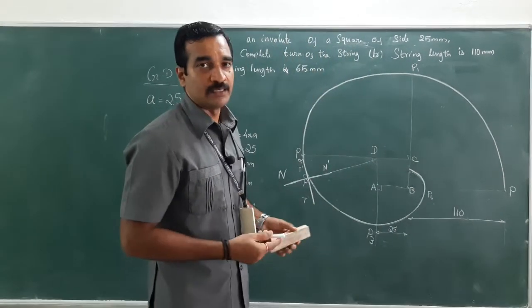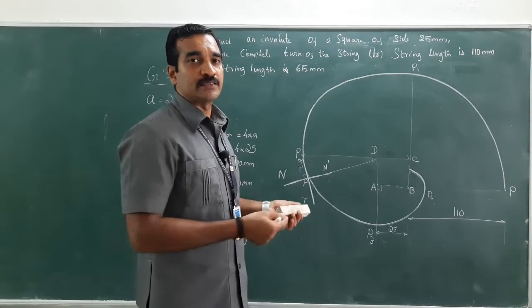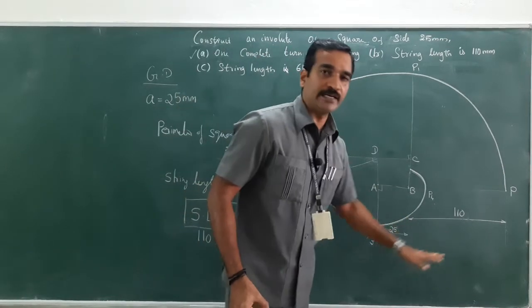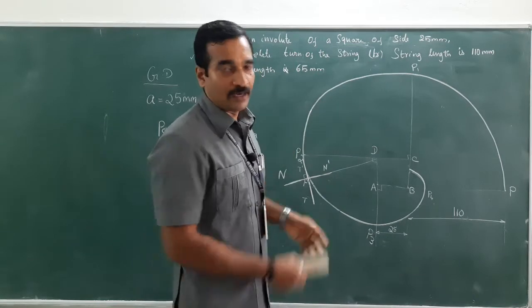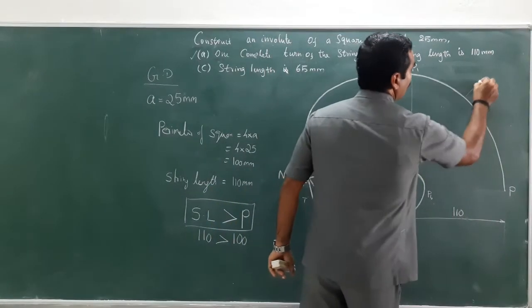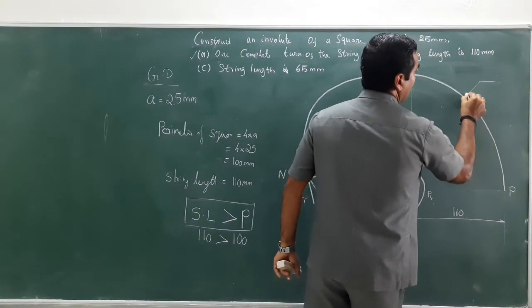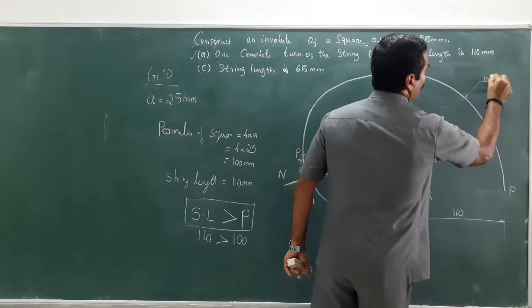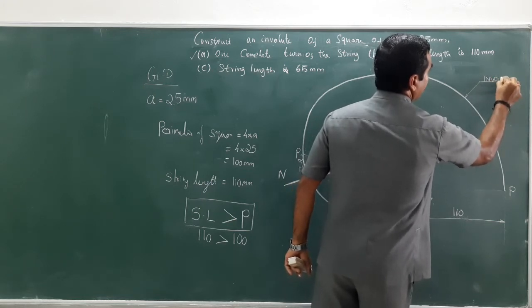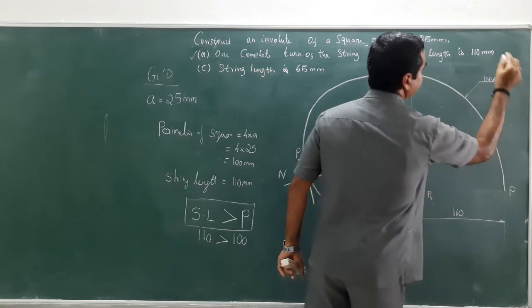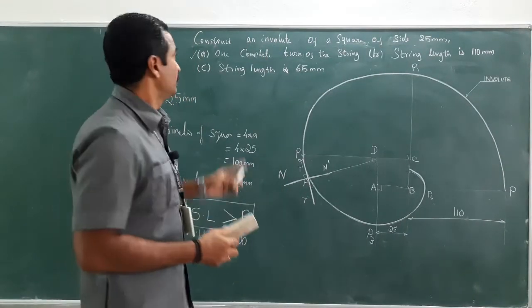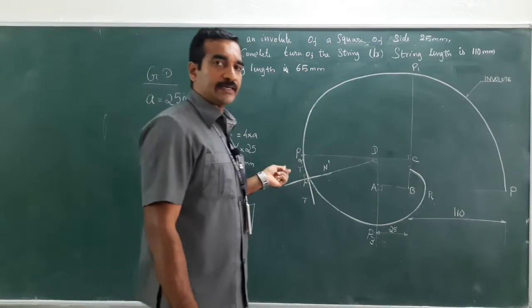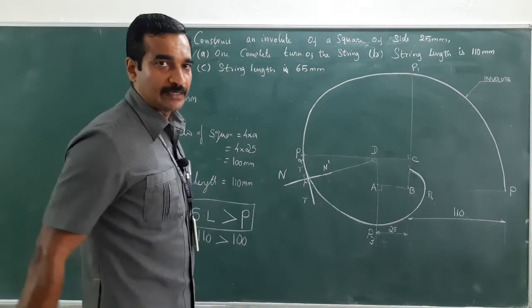N dash is normal, T dash is tangent, all dimensions are in mm, scale 1:1, and mark the profile with a leader line as involute. So the first condition, one complete turn. The second condition, it exceeds one complete turn.